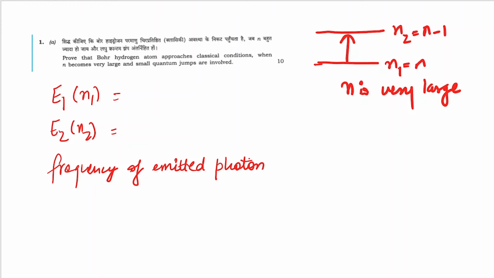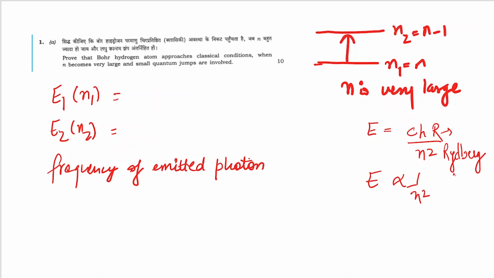We know that energy in Bohr's hydrogen atom model has an inverse square dependence: energy is inversely proportional to n square, with C H R over n square. Here R is the Rydberg constant. So we have to basically remember this.